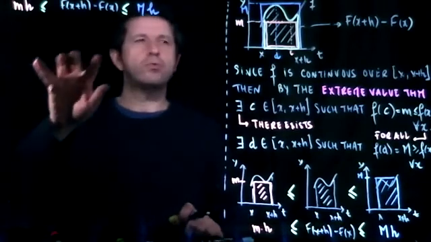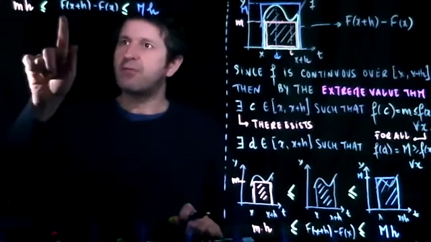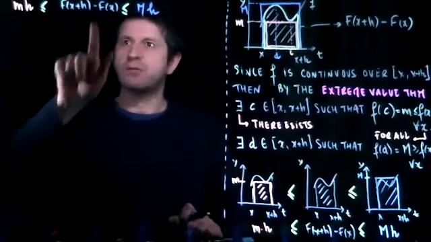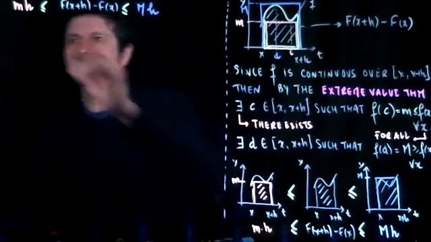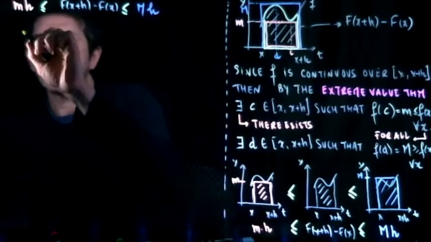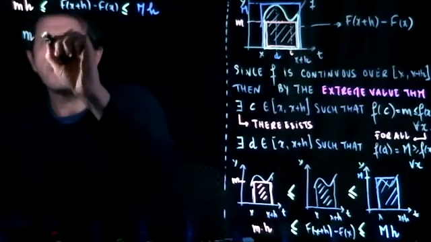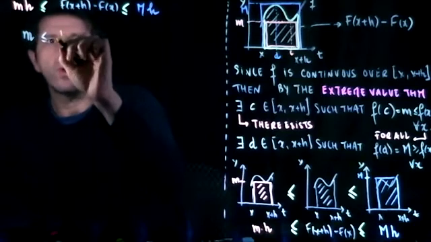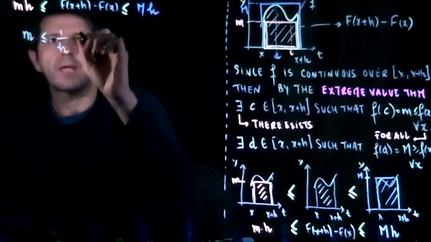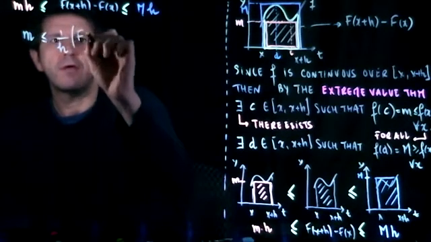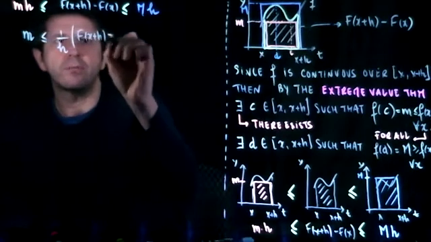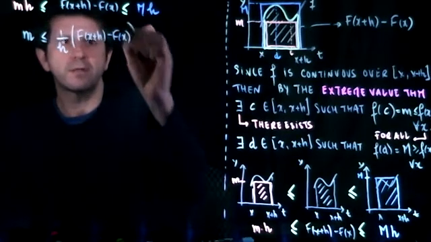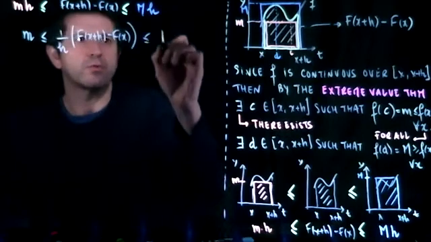Okay, so what I'm going to do is divide everything by h. So small m is smaller than or equal to 1 over h times f of x plus h minus f of x, smaller than or equal to big M.